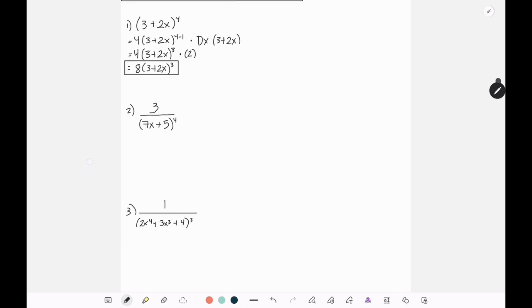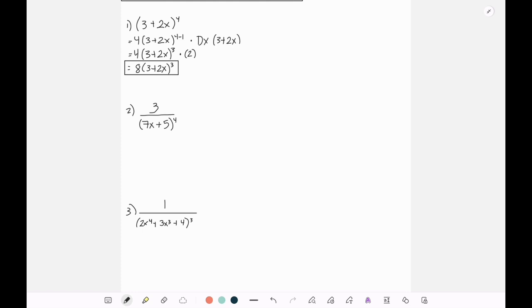Next one is we have 3 over 7x plus 5 raised to 4. Now, paano naman to naka-fraction form siya? So, first step na kailangan natin gawin is tanggalin natin siya sa pagka-fraction form niya.